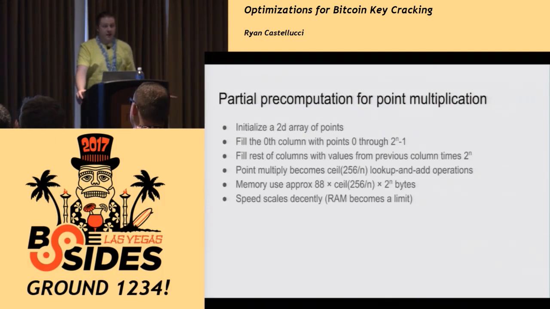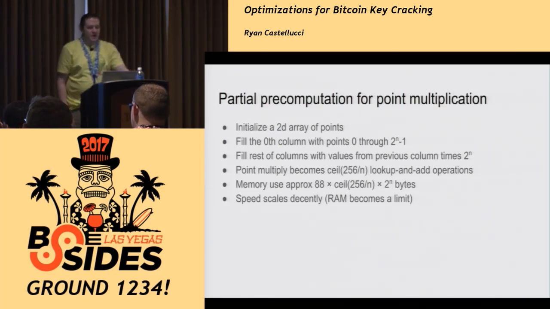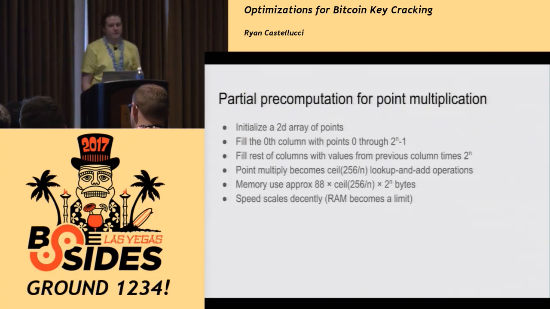The 0 point is not actually the 0 point, it's the infinity point, but when you add it to something, you don't change the value. I don't know why this is, but it works. And then you fill out the rest of the row by multiplying it out as necessary. So this turns your point multiply into basically a bunch of lookups and adds.